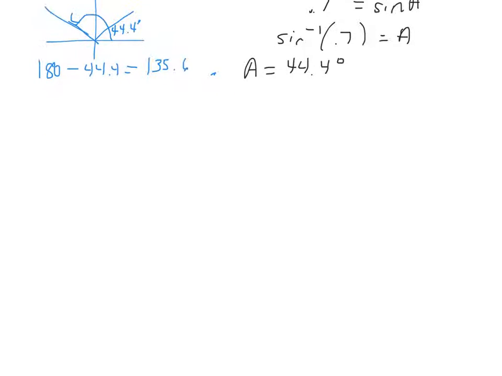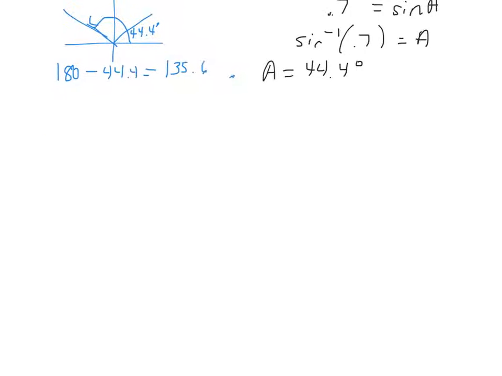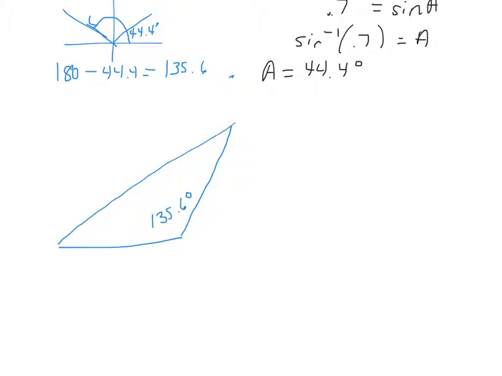So, scooching down a little bit, I could have a triangle with 135.6 degrees here, the original 30 here, and 42 and 30.